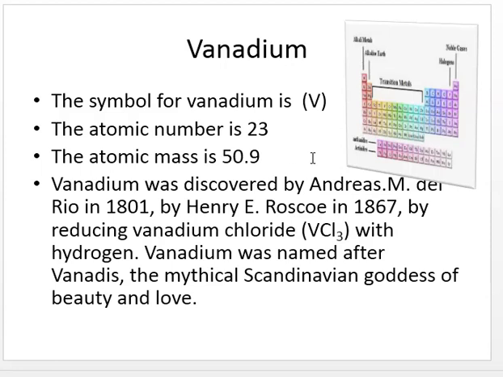The atomic mass is 50.9, close to 51. Vanadium was discovered by Andres del Rio in 1801, and by Henry Roscoe in 1867, by reducing vanadium chloride with hydrogen. Vanadium was named after Vanadis, the mythical Scandinavian goddess of beauty and love.